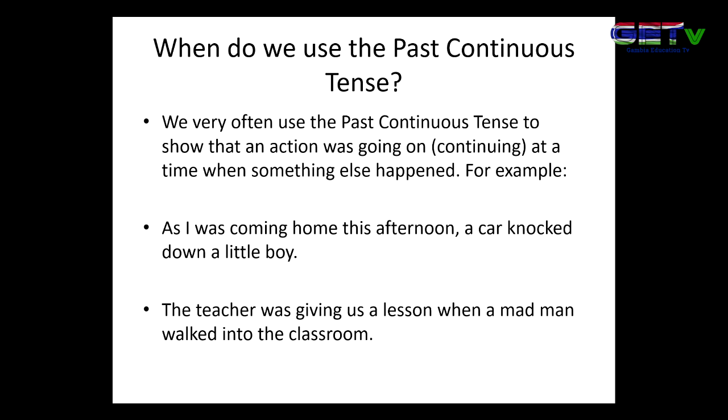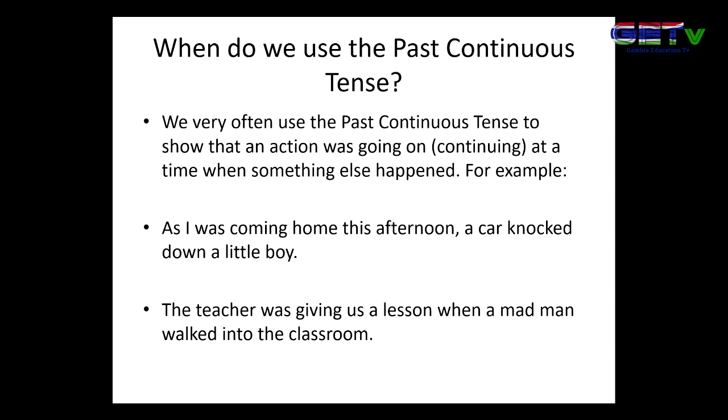So the one that was going on without stopping at the point of the time of the second action takes the form of the past continuous form. And then the second action becomes simple past tense. For example, the teacher was giving us a lesson when a madman walked into the classroom.